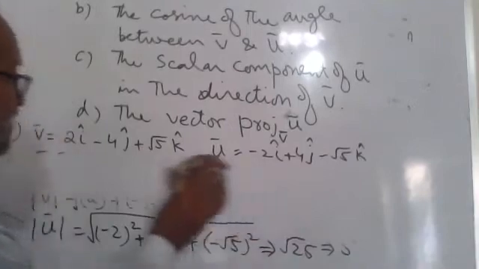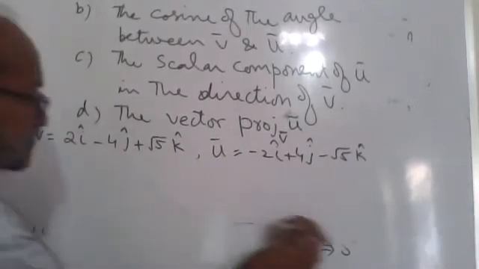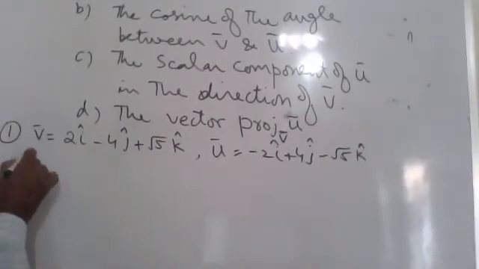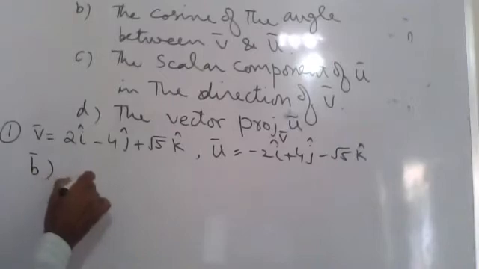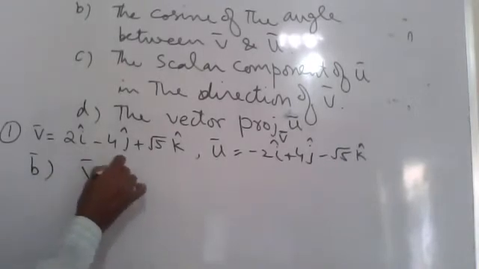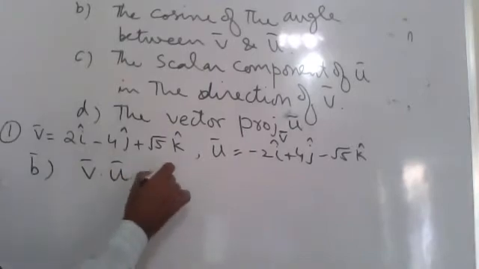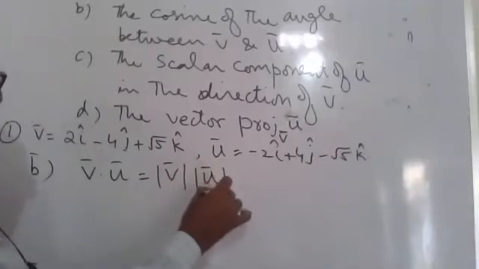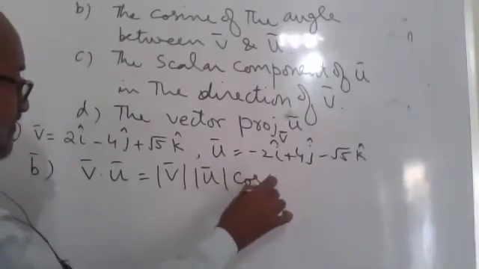The b part: v dot u is equal to the magnitude of v into the magnitude of u into cos of theta.